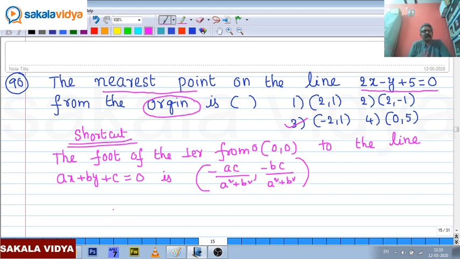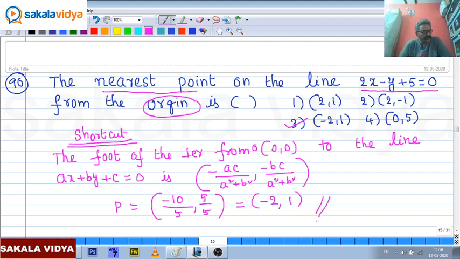So now you see, the foot of the perpendicular, the required point P, is: a is 2, so minus 2 into 5, minus 10 by a square plus b square, that is 5, comma minus bc, 5 by 5, that will be (minus 2, 1).